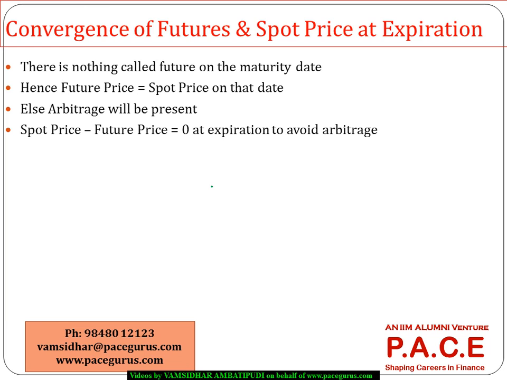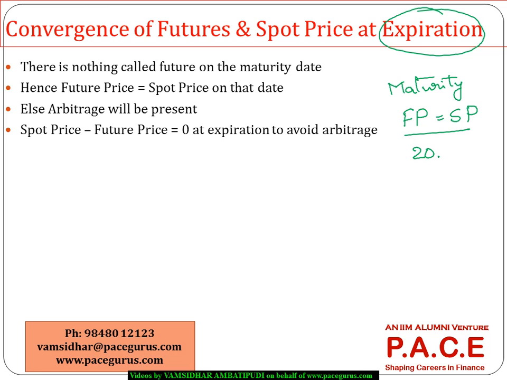A few things to remember. On the expiration date of the futures contract, on the maturity date, the futures price should converge with the spot price. Why? Let's assume that the expiration date of a futures contract is 20th December 13, and today's date is 20th December 13.